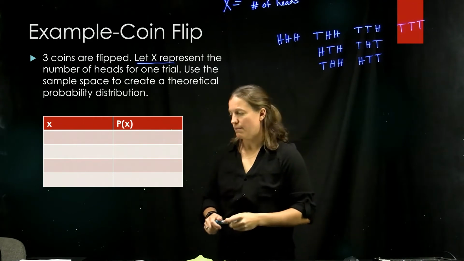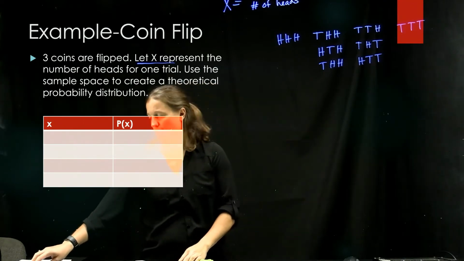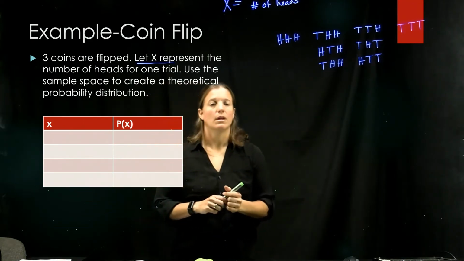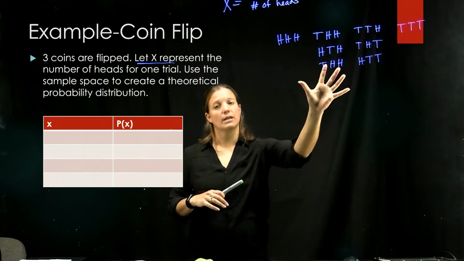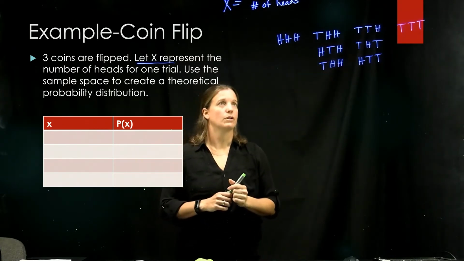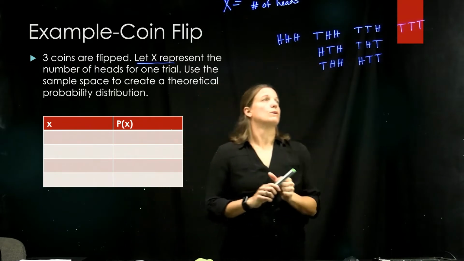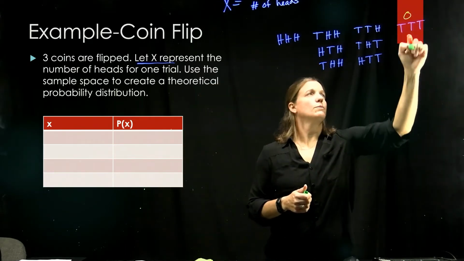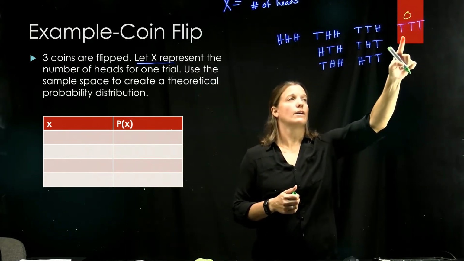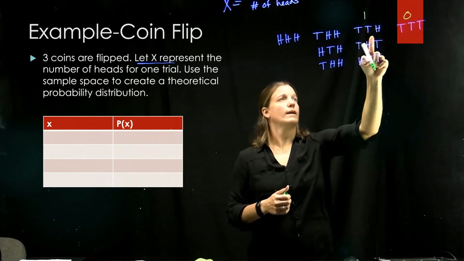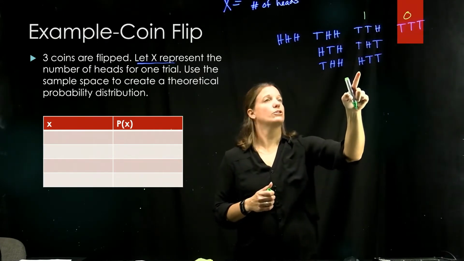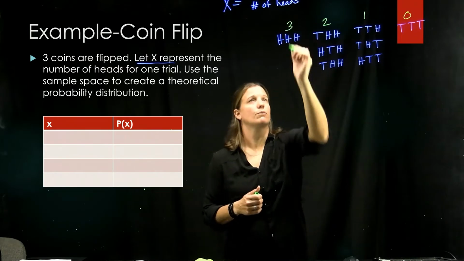Okay. Once you get them listed, now we can go ahead and come back to our table, and we can use our sample space in order to figure out the values of our table. So as I look through this, I could potentially have 0 heads that show up. I could have 1 head that shows up. I could have 2 heads, or I could have 3 heads.